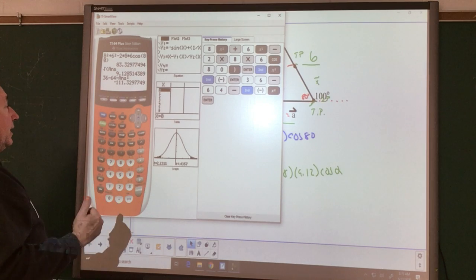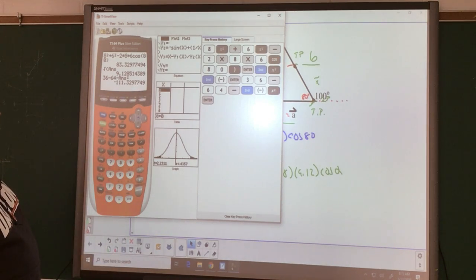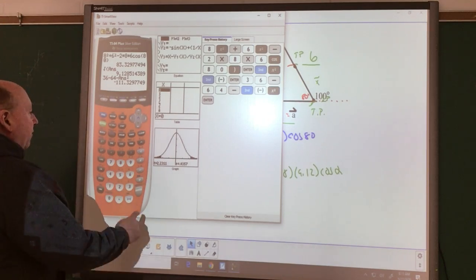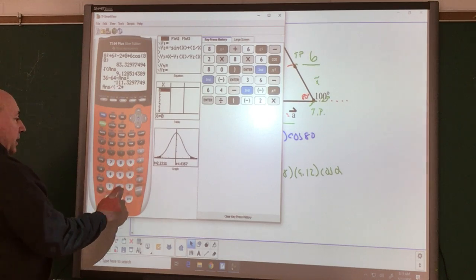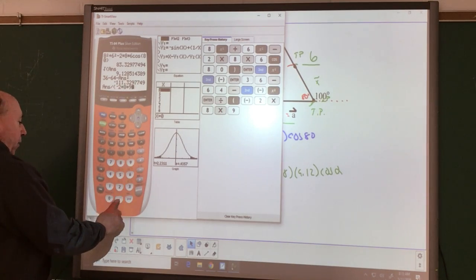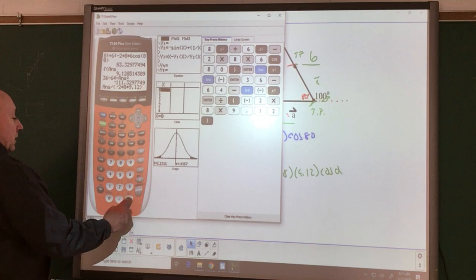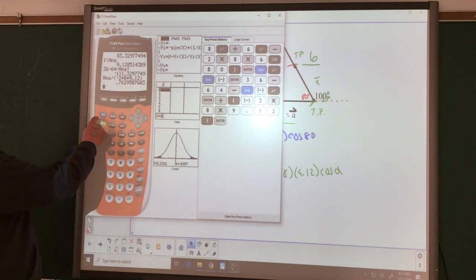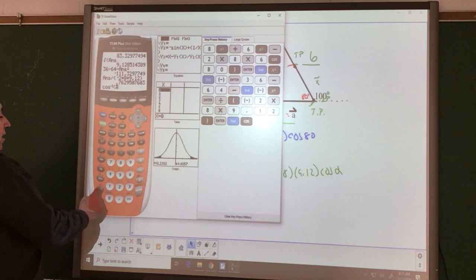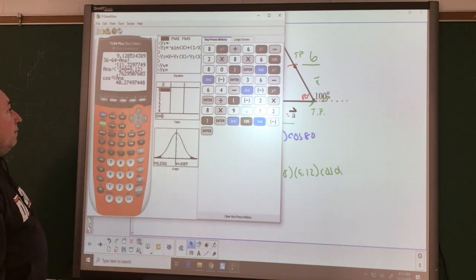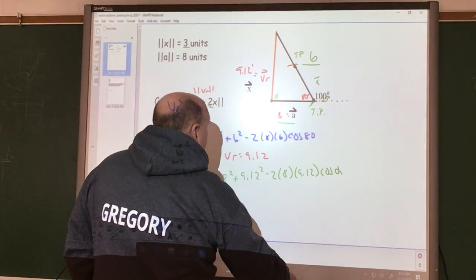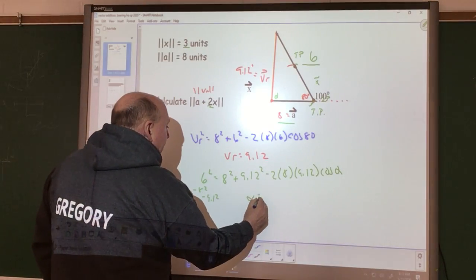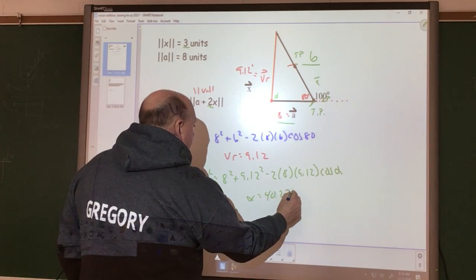See, I can just pull that down there. I get a negative 11.32. And I can divide this by negative 2 times 8 times 9.12. And do second cosine of my answer, and I get 40.27 degrees. So my alpha value is 40.27 degrees.